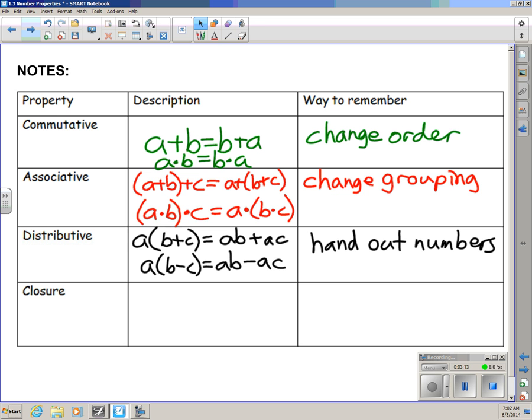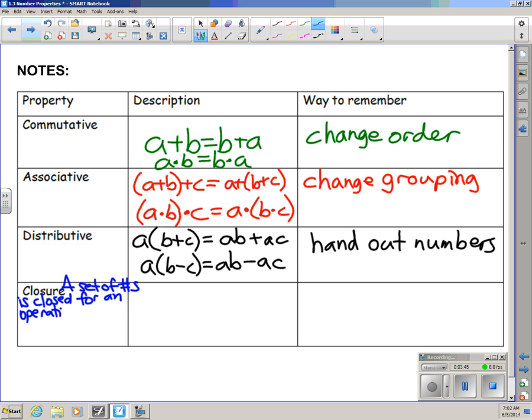And the next is closure. Closure was addressed in your Barron's book for a little bit right at the beginning. So we're going to write down the idea of closure on the left side over here. Closure: a set of numbers is closed for an operation.